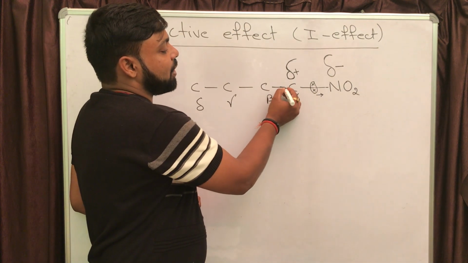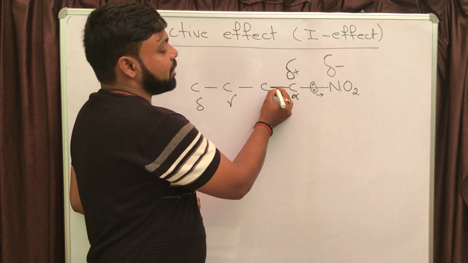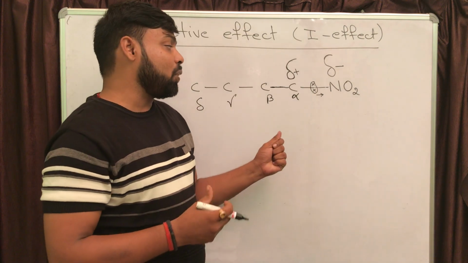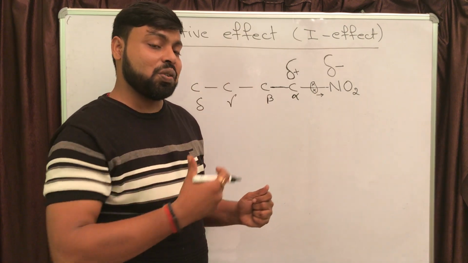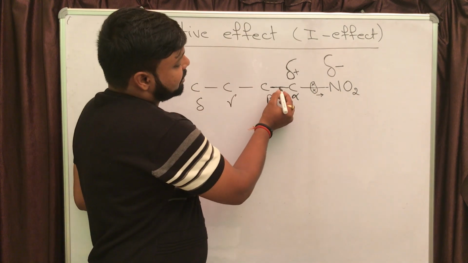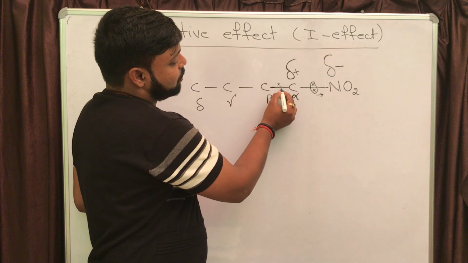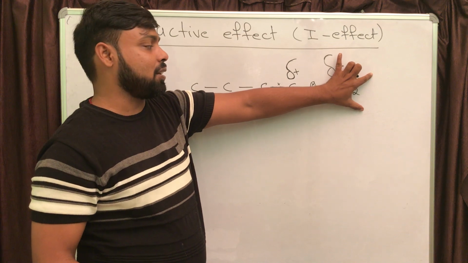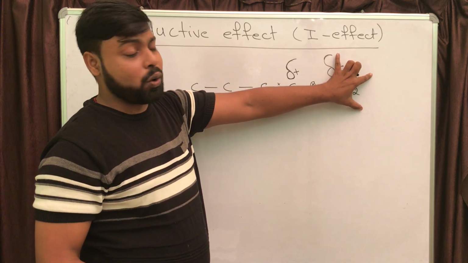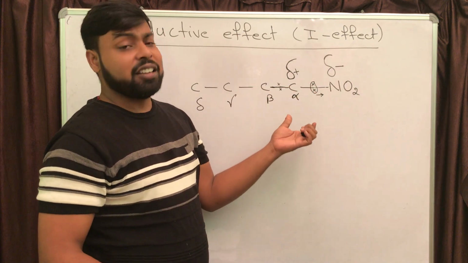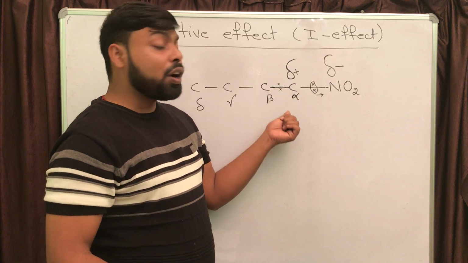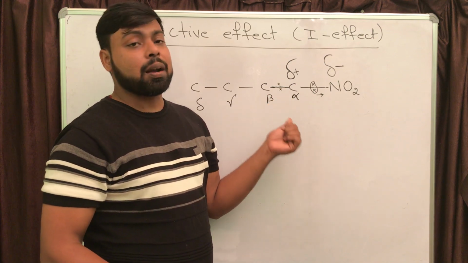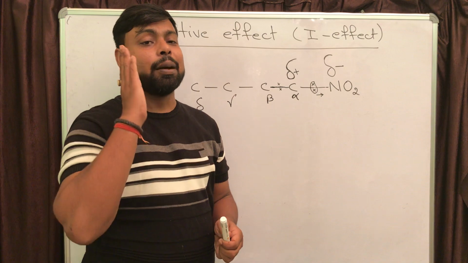This alpha carbon is going to pull electrons from the next nearest covalent bond. Let us say in this case there is a covalent bond between the alpha and beta carbon. If there is no polarizing group, if there is no NO2 group in this structure, then the bond pair electrons between carbon and carbon would be exactly in the middle.